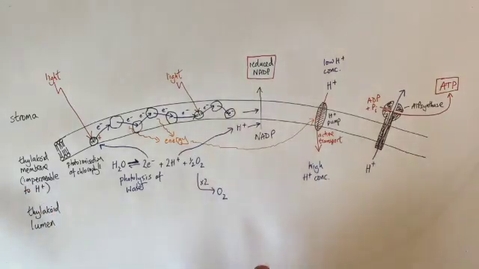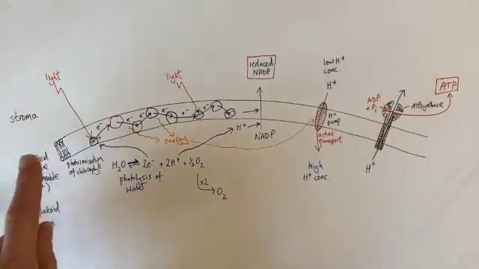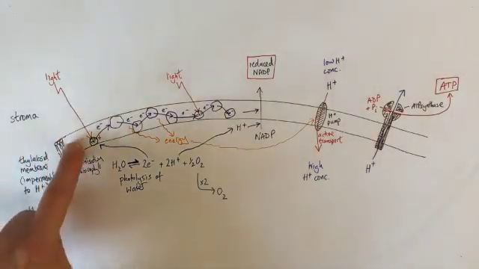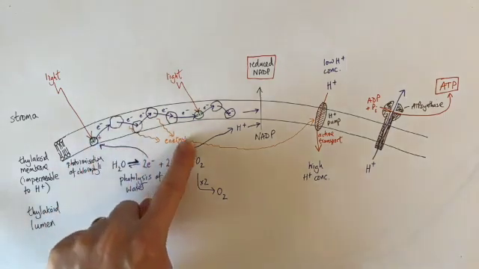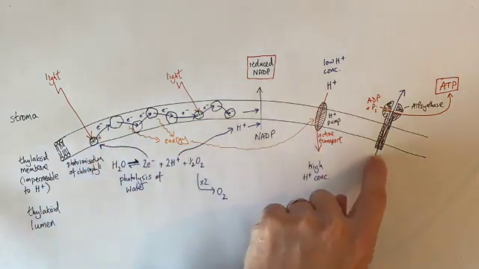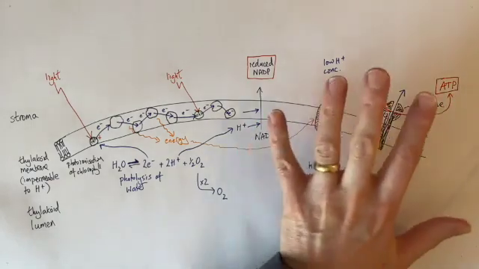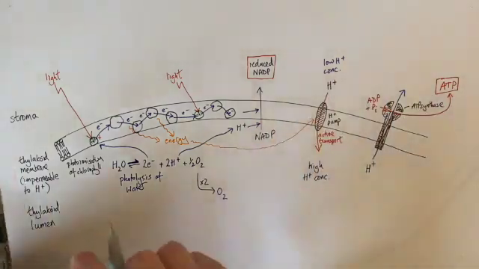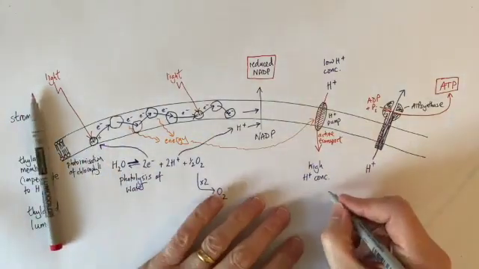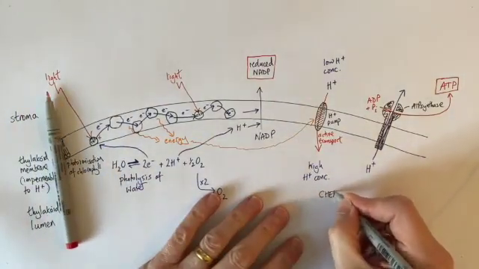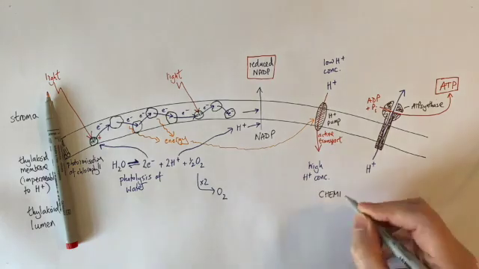So now we have a system where light energy is being transferred to ATP. And of course, this process on the right hand side here is chemiosmosis.